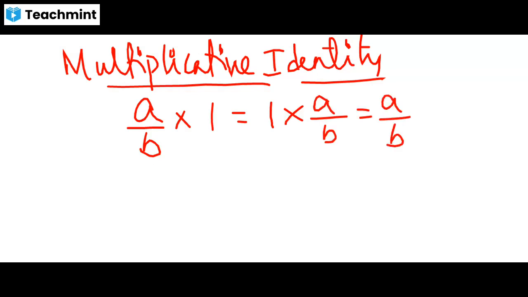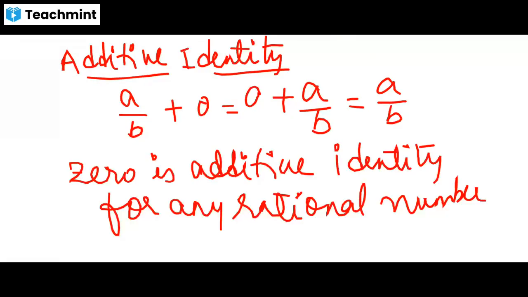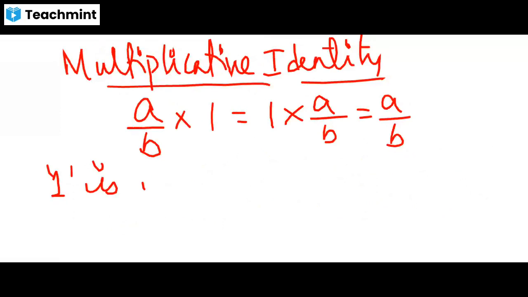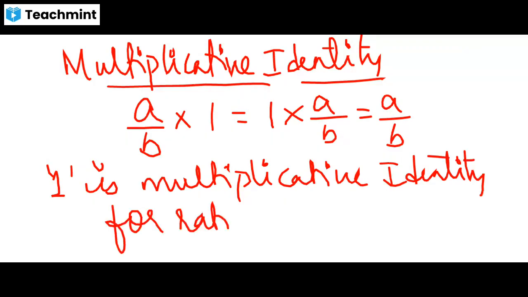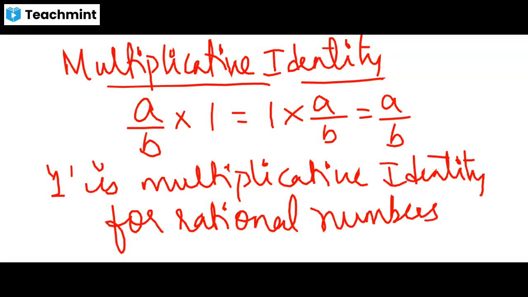So we say 1 is the multiplicative identity for rational numbers. So this is about multiplicative identity and additive identity.